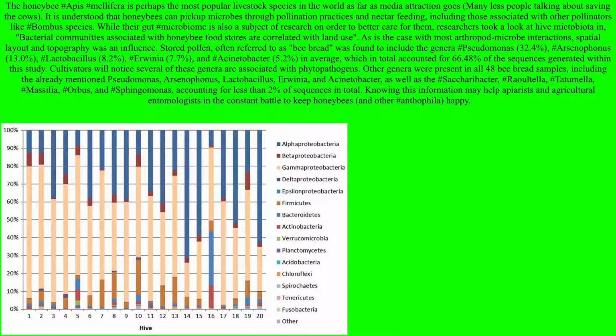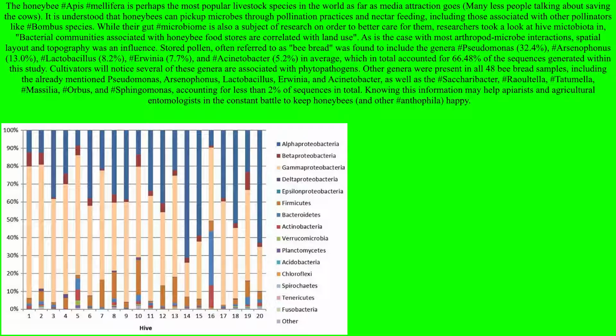As I say in the post, it is understood that honeybees can pick up microbes through pollination practices and nectar feeding, including those associated with other pollinators like bombus species. I've hashtagged bombus as the genus. Bombus are bumblebees. While their gut microbiome, which I've hashtagged, is also a subject of research, I made a typo there.